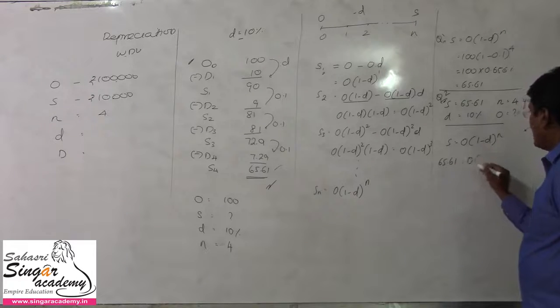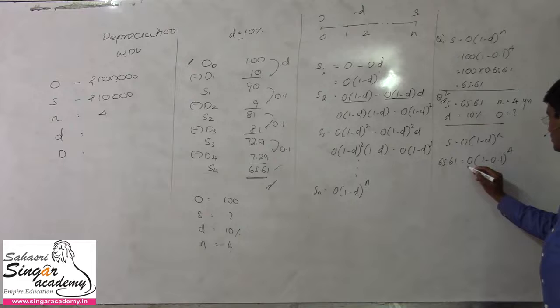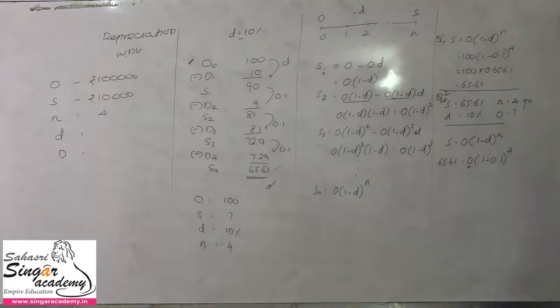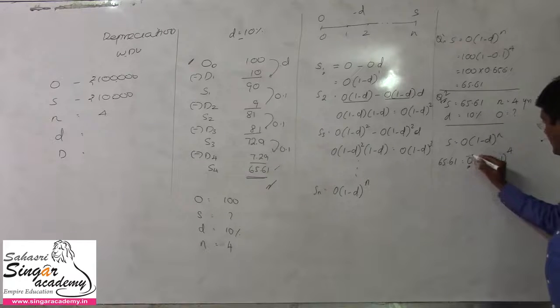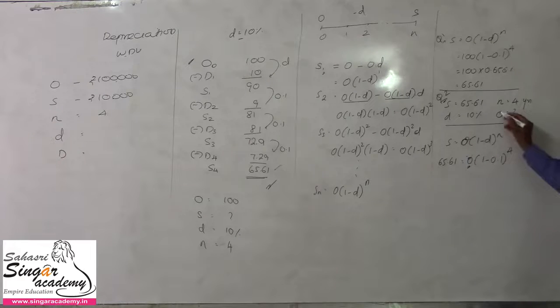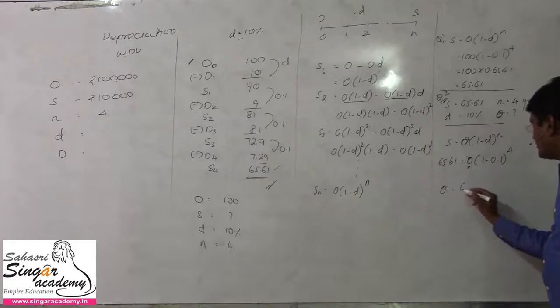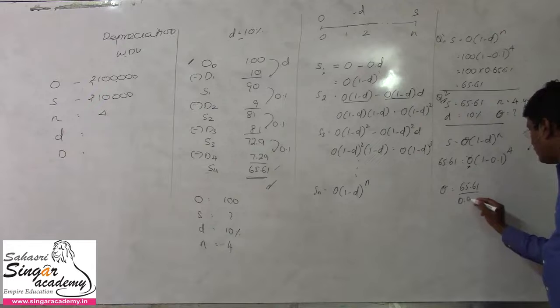O is to be calculated. 1 minus D is 0.1 to the power n, that is 4 years. This is not 0, this is O. Don't assume it as 0. What is O? So O is equal to 65.61 divided by 0.9 to the power 4.